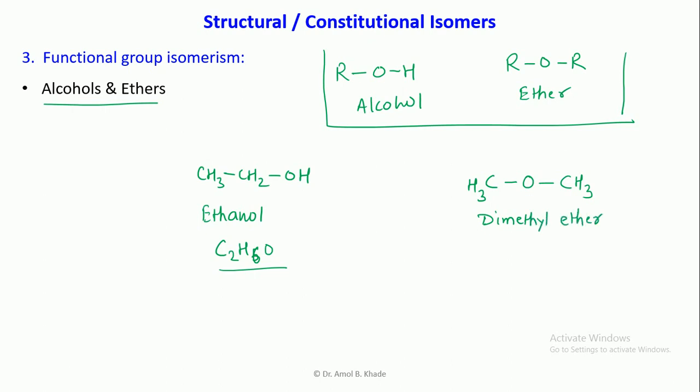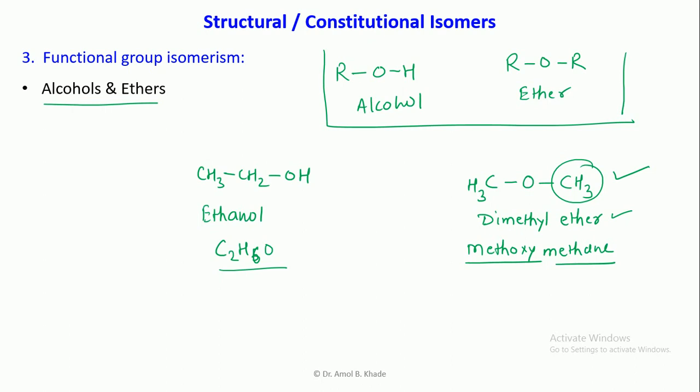That is a common name. Can you write the IUPAC name for this? How will you write the IUPAC name? One alkyl group you have to consider as alkoxy. So this will be methoxy, and then what remains, that is methane. So methoxymethane will be the IUPAC name for this, and dimethyl ether is the common name for this structure.